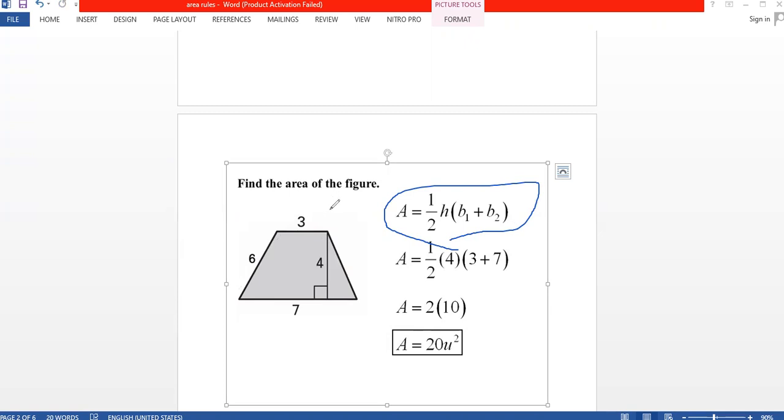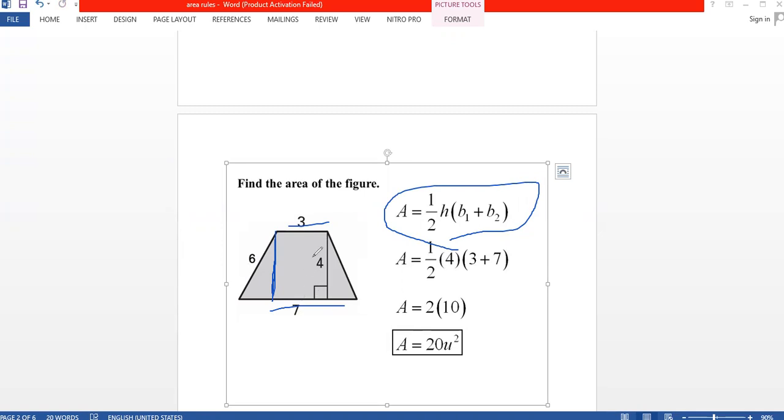We call them the bases of the trapezoid. This is one base, and this is the other base. Now, if we cut it like this, we have two ways. The first way, we decompose it into one rectangle and two similar triangles in this case.